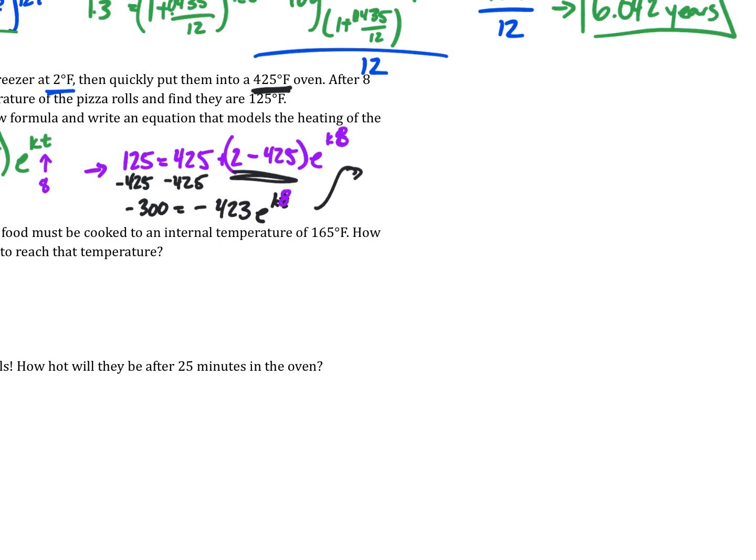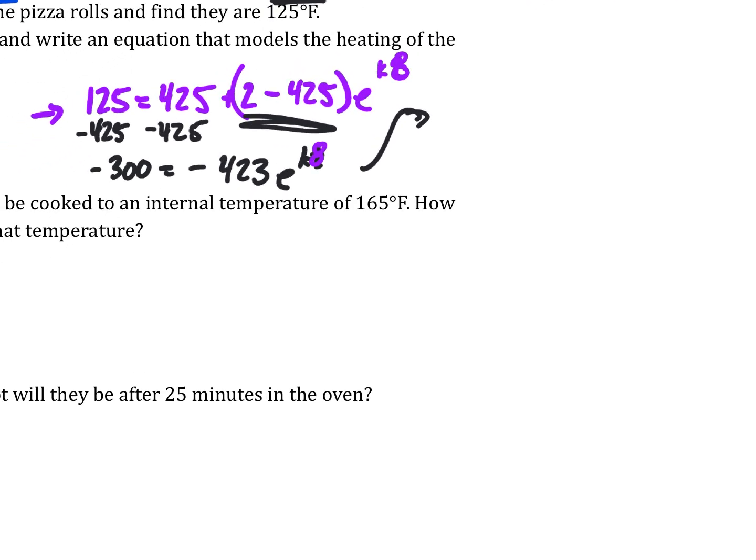So that gives me, I got to divide both sides by 423. So that gives me whatever, negative 300 over, I'll just write 300 over 423 equals e to the 8k. So ln of 300 over 423 equals 8k.